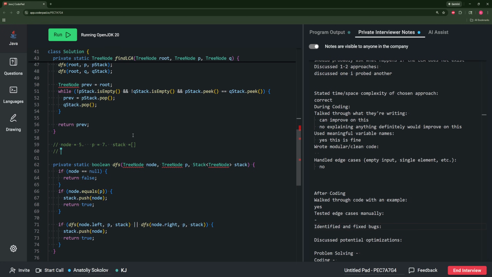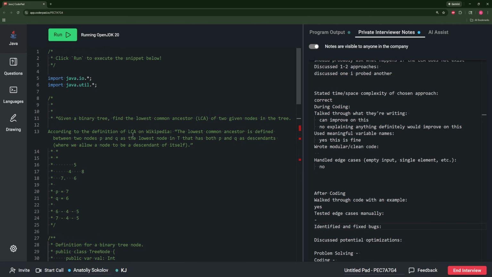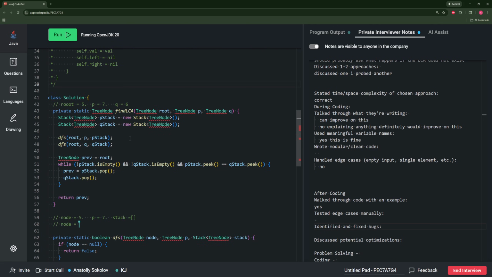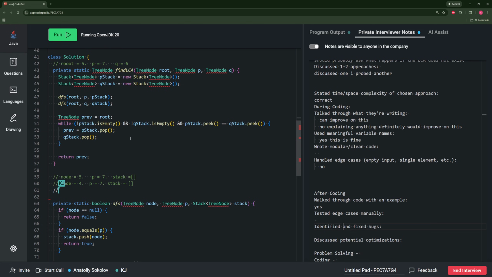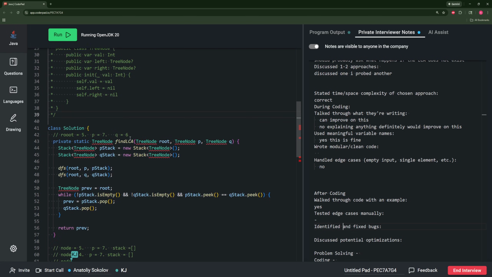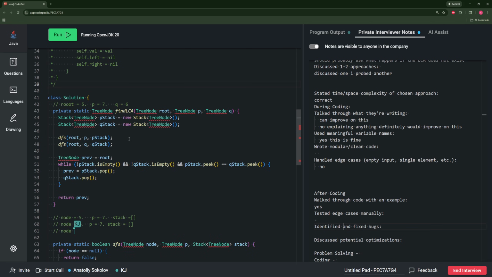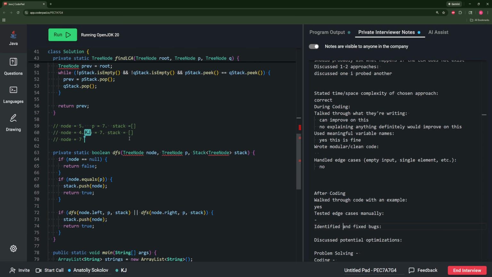So that's node equal to 4, and P is 7, and stack is again empty, which again calls node equal to 7, P is 7, stack is empty.